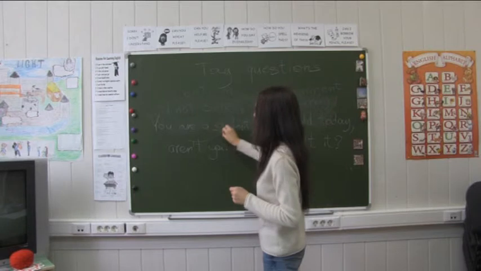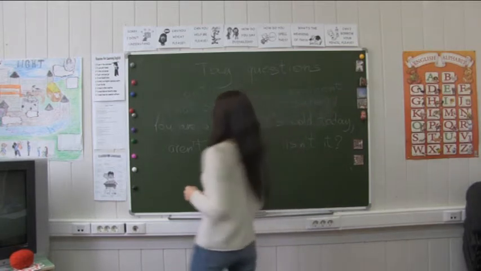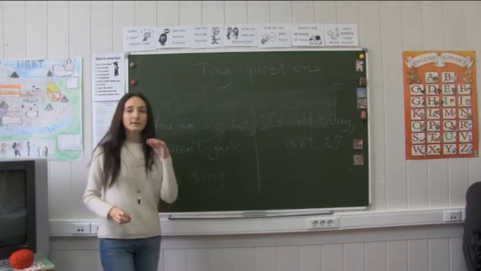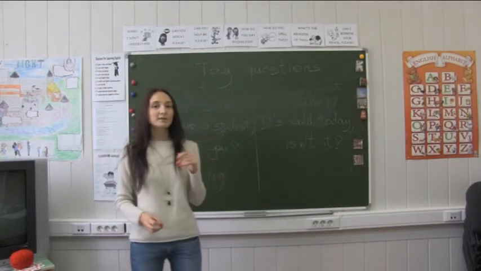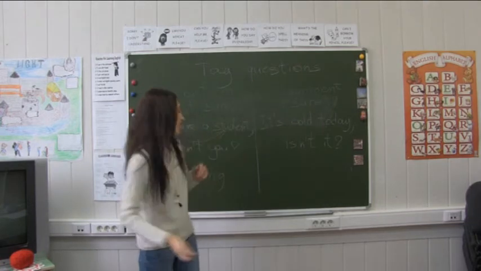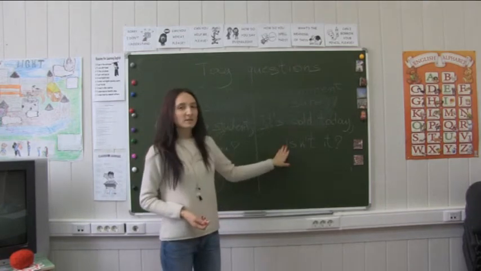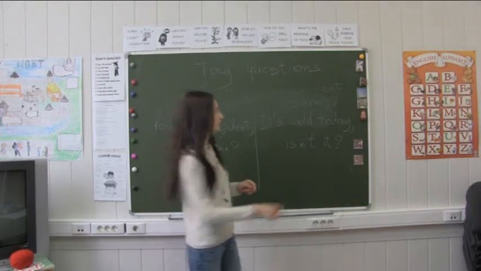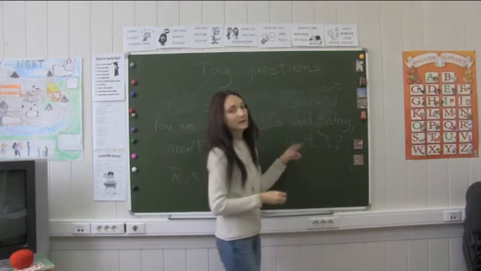Aren't you? So the intonation is rising. My voice goes up. You're a student, aren't you? And then, if you say, it's cold today, isn't it? If you're sure in what you say, you use falling intonation. Isn't it?